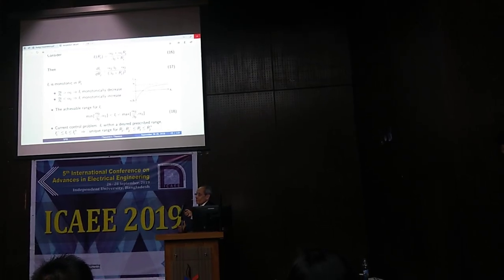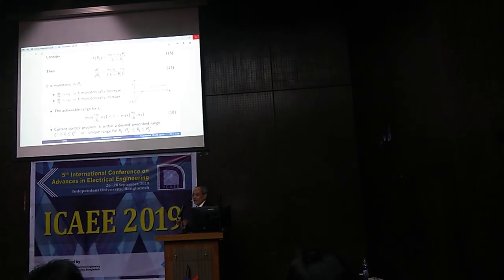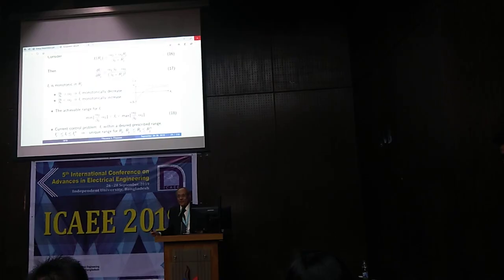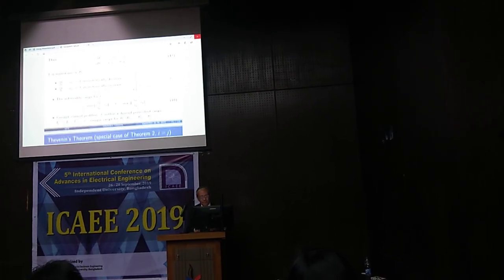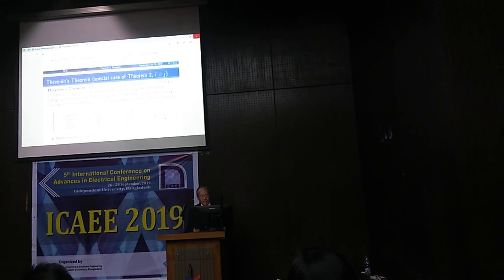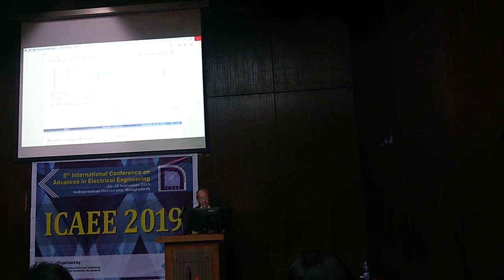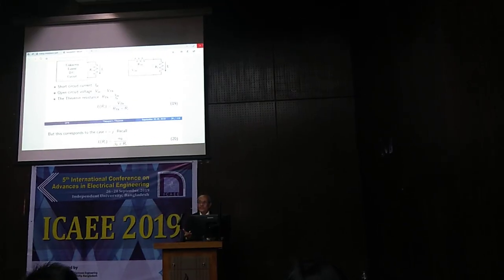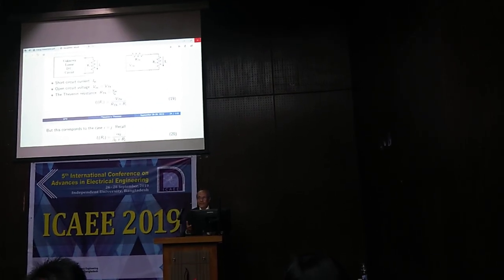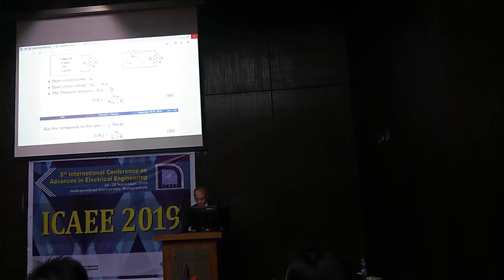And you can find the power also. So all this comes out of doing 3 measurements. Thevenin's theorem is a special case where the rank of the matrix drops from 3 to 2, and then you have only a 2-parameter problem.